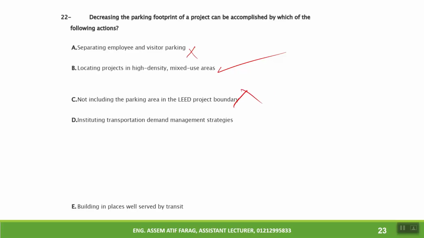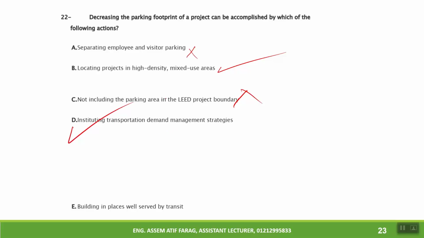For option number D, instituting transportation demand management strategies. Transportation demand strategies are things like providing preferred parking to carpools that can reduce single occupancy vehicle use. These strategies include telecommuting, compressed work weeks, shuttle service between the sites and commercial or residential centers, as well as subsidizing public transportation for users to encourage them to use it.